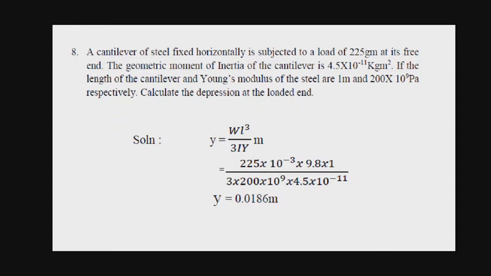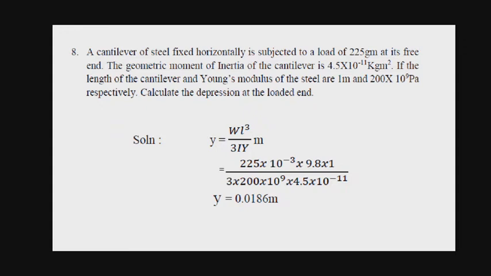If the length of the cantilever and Young's modulus of the steel are 1 meter and 200 into 10 to the power 9 Pa respectively, calculate the depression at the loaded end.